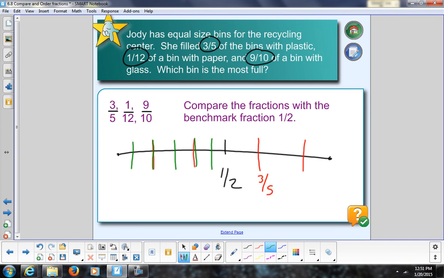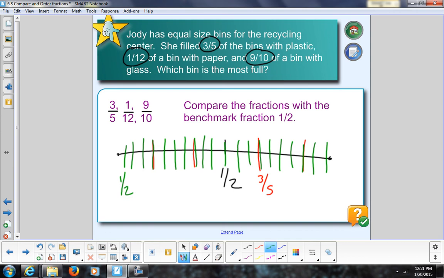Okay, so that's roughly 6. All right, so 1/12 then is going to be even smaller than 6. So 1/12 is going to be like right here. That is much smaller than 1/2, which is 6/12, right?